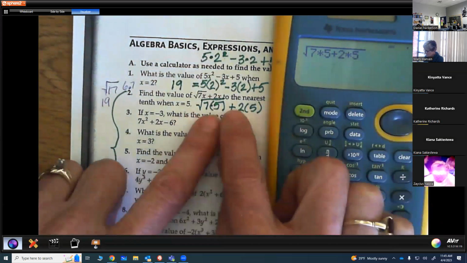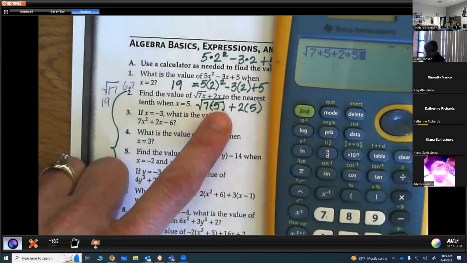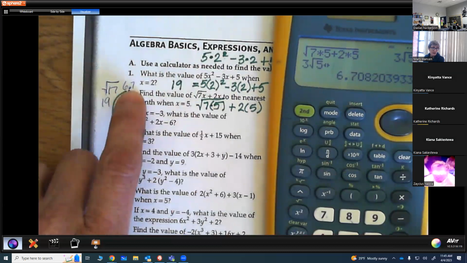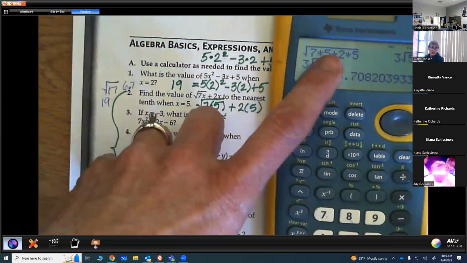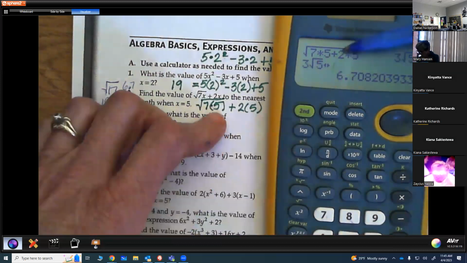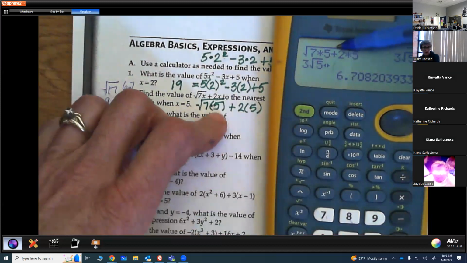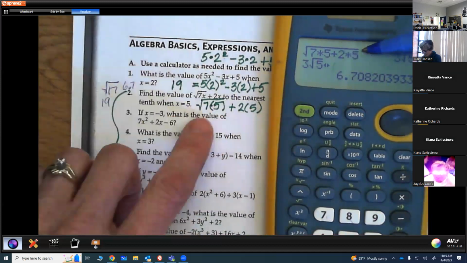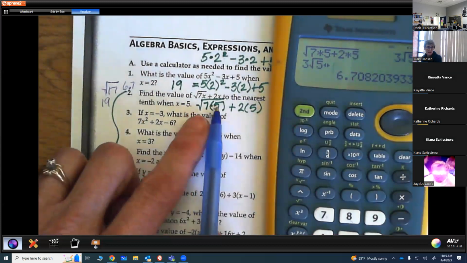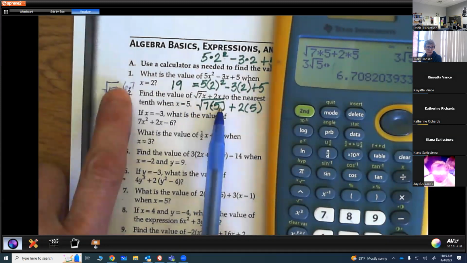So that may be another common mistake people may have made. If you got 6.7, what you did was you didn't get out of the square root, and you've got this square root symbol going all the way over the entire problem. In the problem itself, the square root only goes over the 7 times 5. So that's how you could have gotten 6.7.